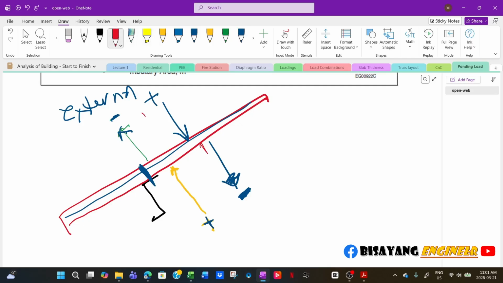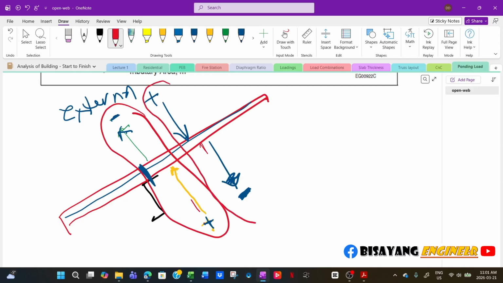So you add these two because they are going in the same direction. This is going away, this is towards the building.